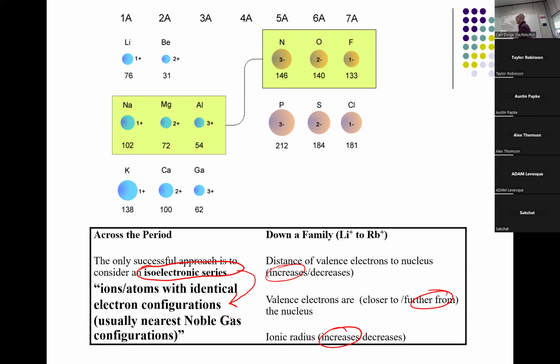Atoms or ions with identical electron configuration, usually the electron configuration of the nearest noble gas. To make this point, I am going to take this group, which I've highlighted in yellow, and explicitly compare what's happening inside those ions in terms of the number of protons, nuclear charge, and their electron configuration.